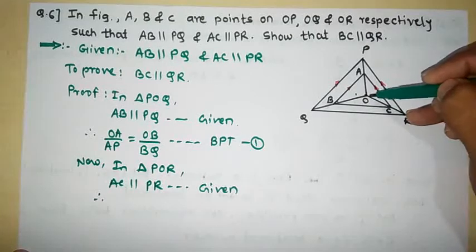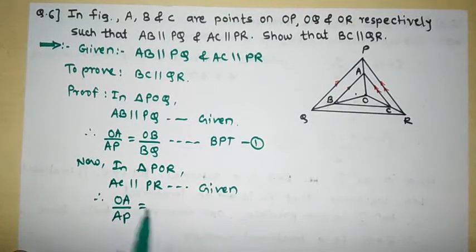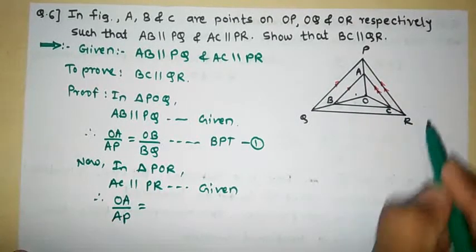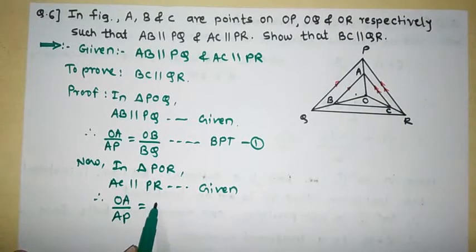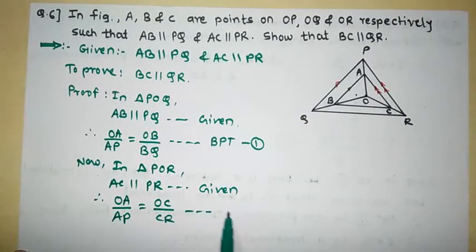Yes. OA divided by AP is equal to OC divided by CR, by the BPT theorem. Mark it as equation number 2.